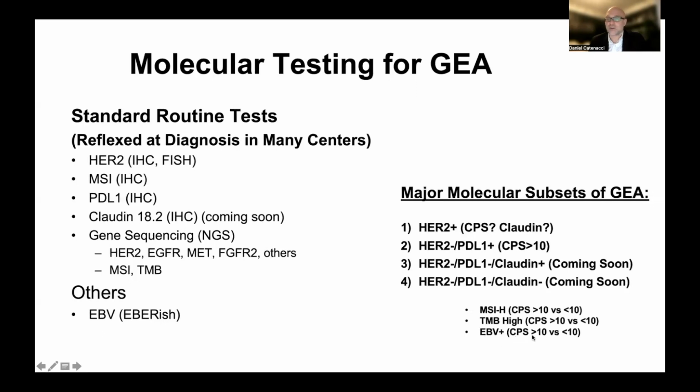EBV positive are usually very highly PD-L1 positive, and high mutation burden is not really something that I would act on, at least in the early setting in the first lines of therapy. And then differentiating between high mutation burden and what its PD-L1 score could be of use. But overall, there's really these 4 major subtypes at the moment that then would dictate different treatments.